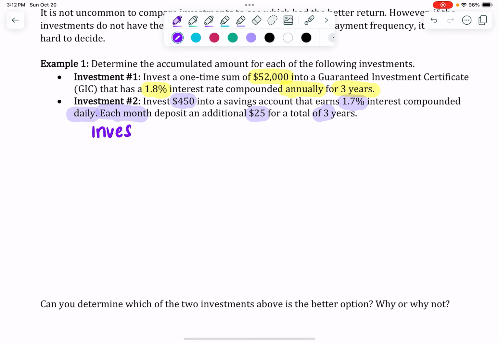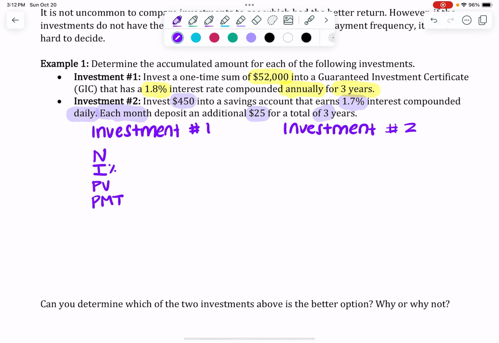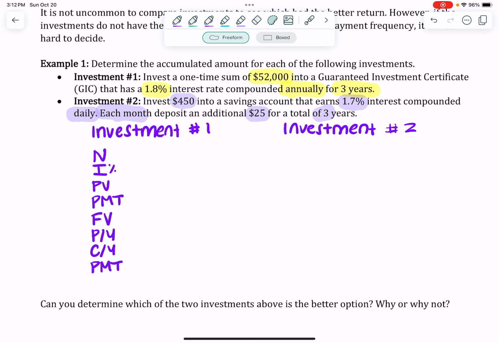So I'm going to label these investment 1 and investment 2. And I know that when I plug things in on TVM, this is my layout, and I know that's true for both of these.